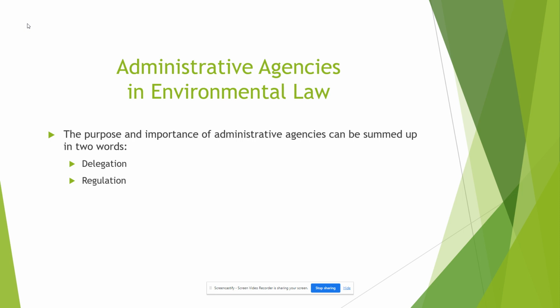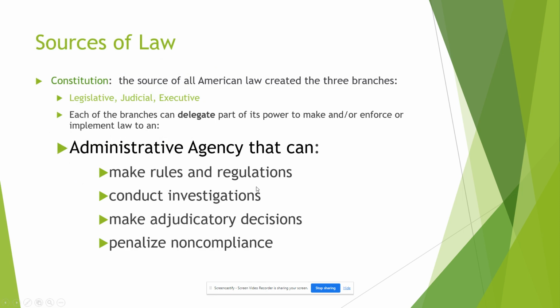Okay, so the textbook talks about delegation and regulation that we have to really be concerned with vis-a-vis agencies and administrative law. Okay, so our Constitution, supreme law of the land in the United States, we created 3 branches: the judicial, the legislative, and the executive.